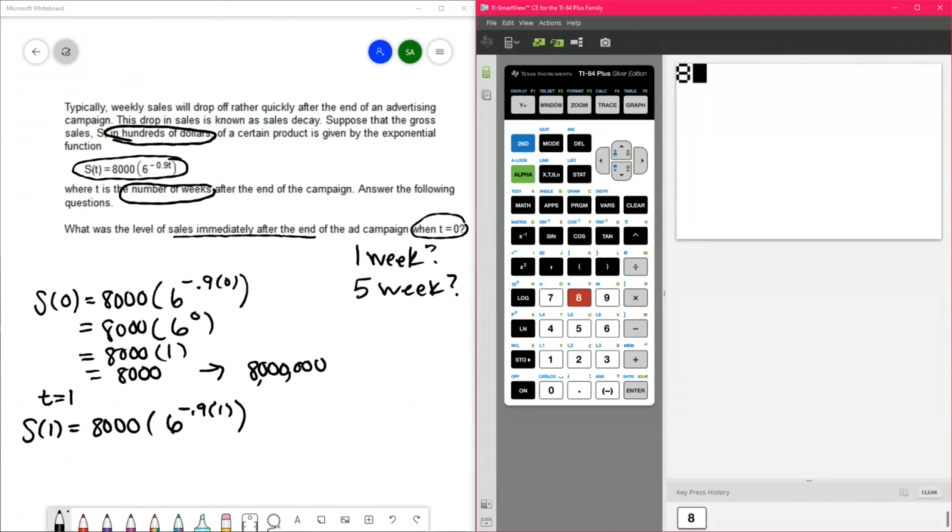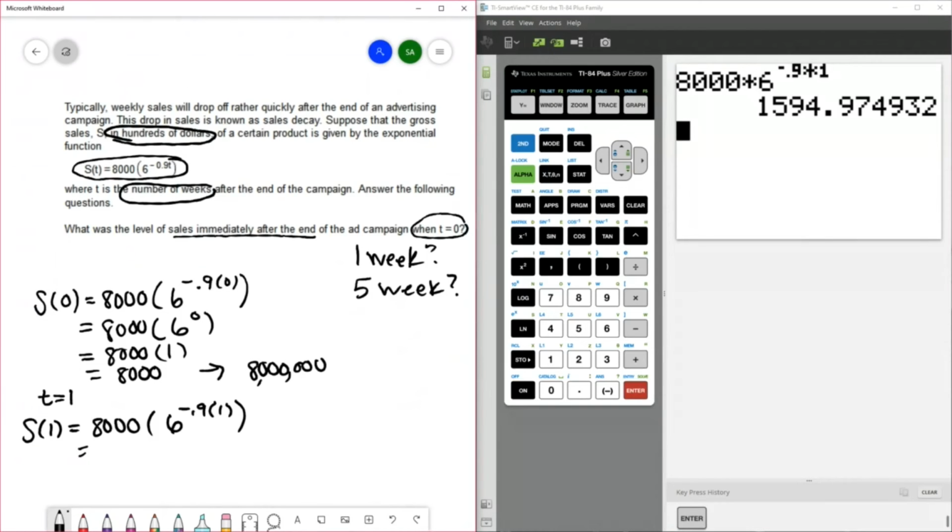So we have 8,000 times 6 to the negative 0.9 times 1. So that's quite a steep drop off. We have 1,594.97.